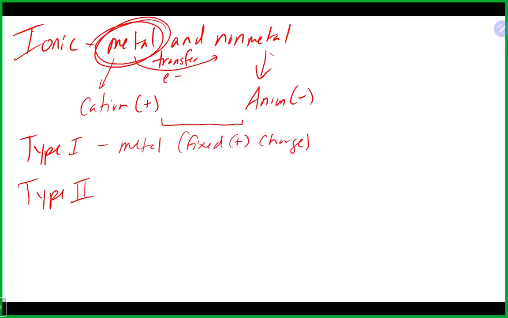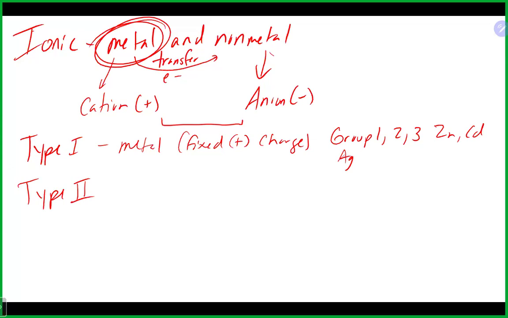As we talked about last time, if you look at the periodic table, that's going to be any metal from group 1, group 2, group 3, which is typically aluminum. That's going to be your zinc, your cadmium, or your silver. As soon as you see any one of those metals involved, you know it's a type 1 situation. With a type 1 metal, we don't have to do any extra work.